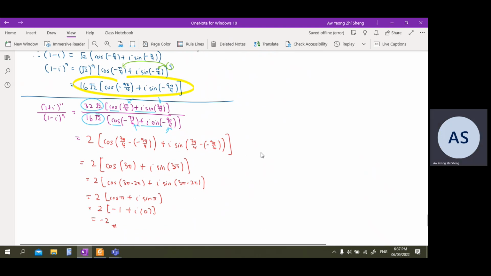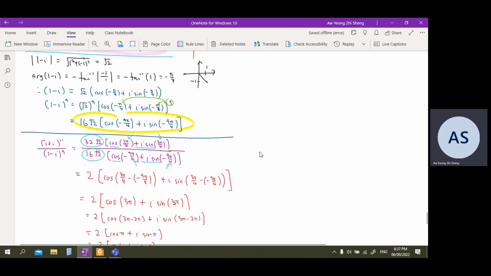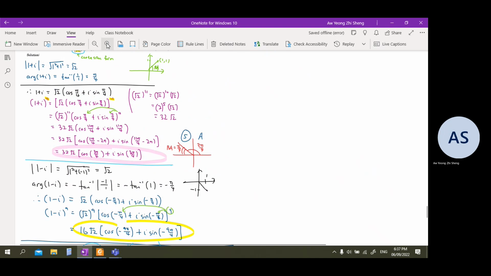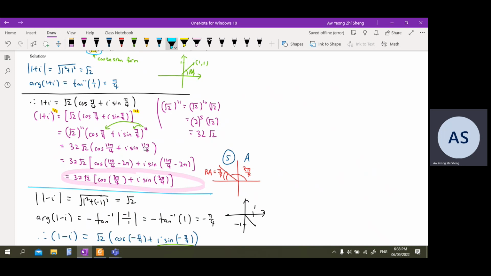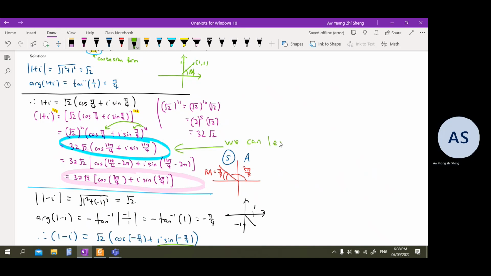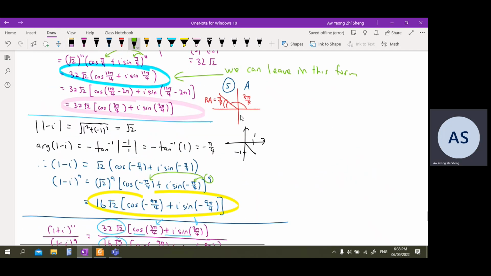Actually, just now, when I did my 1 plus i to the power 11 in purple color, I could have left my 1 plus i to the power 11 in this form. We can actually leave it in this form, and then you can bring it down here when you do the division.